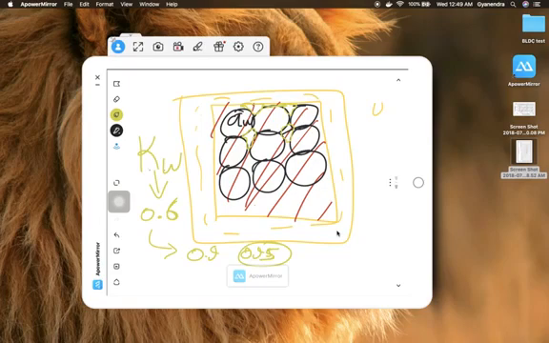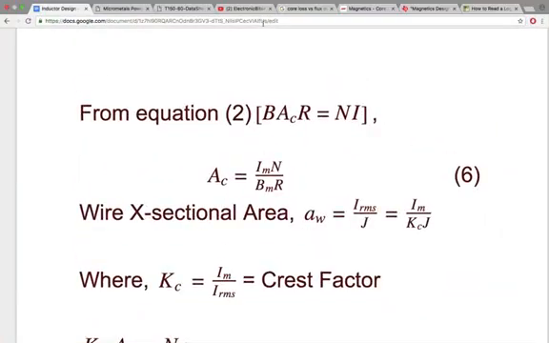If you are a beginner, you better choose 0.6 and design. If you are a student designing for a project, you can still go with 0.8. But I'll recommend choosing 0.6 if you have just started designing inductors.